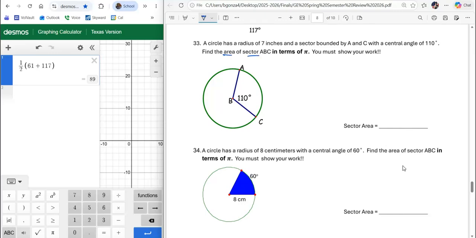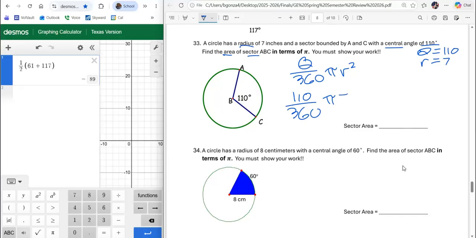Area of a sector. Okay, so it's theta over 360 times pi r squared. Central angle, so theta is 110. The radius is 7. So 110 over 360 times pi times 7 squared. In terms of pi, we're not going to type the pi.